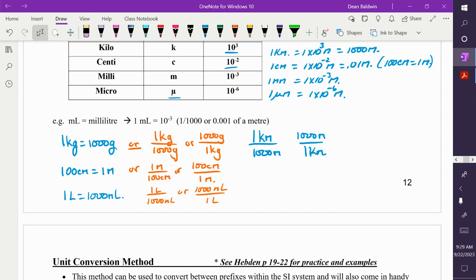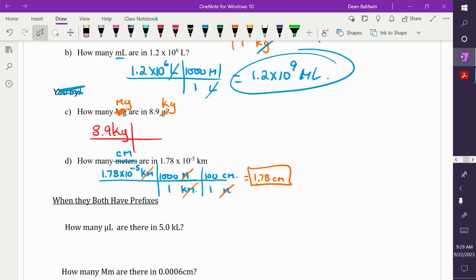Okay? Which one of these do I want to use, this one, or do I want to use this one in the first box? Do I want grams in the bottom or the top is what I'm asking. Grams, you want it at the top because you want kilograms in the bottom, right? So if I know that there's 1,000 grams for 1 kilogram, the kilograms now will cancel out. So the only unit that's left is grams. But I don't want grams. I want milligrams.